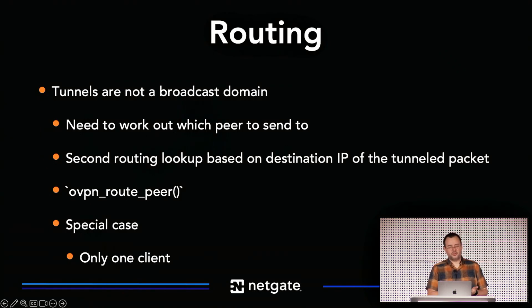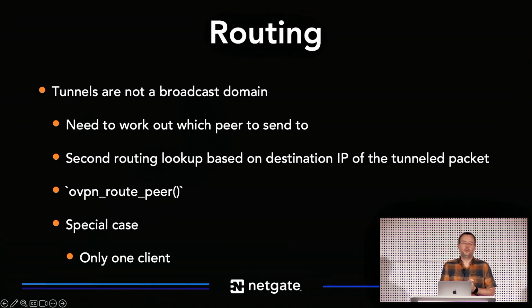The next consideration is routing. Now you might think, but the kernel network stack has already made the routing decision. Surely you don't need to worry about routing anymore. And it turns out that actually we do. And this is because tunnels are not a broadcast domain. So imagine that we have a setup with an OpenVPN server running DCO, and it has 5 different clients.